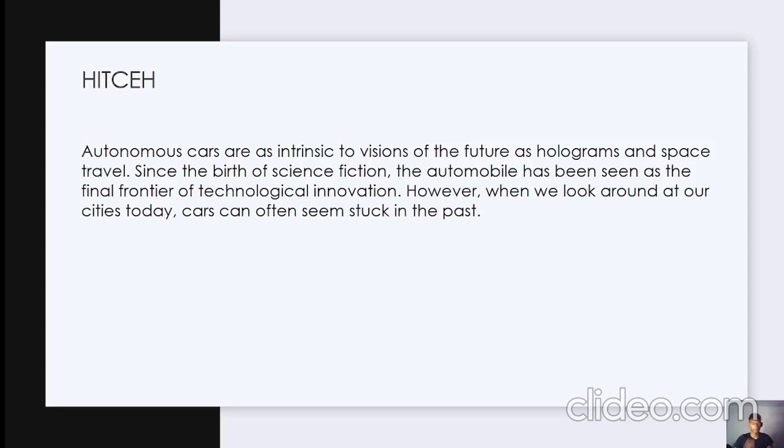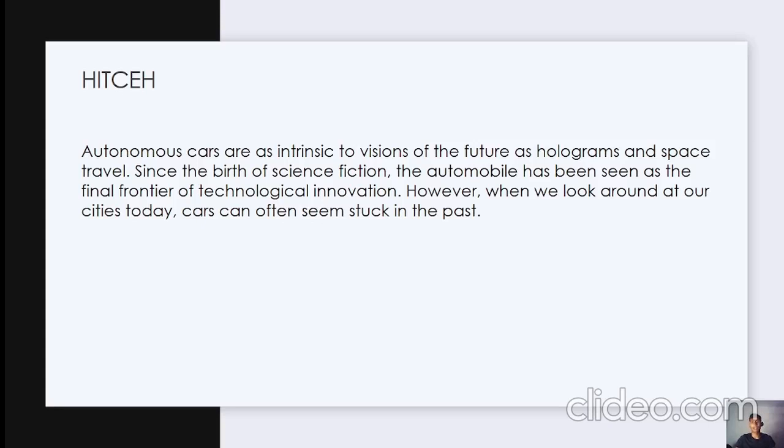Autonomous cars. Now let's move on to high-tech cars, high-tech automobiles. Autonomous cars are such an instinct to the vision of the future of holograms and space travel. This is the birth of science fiction.